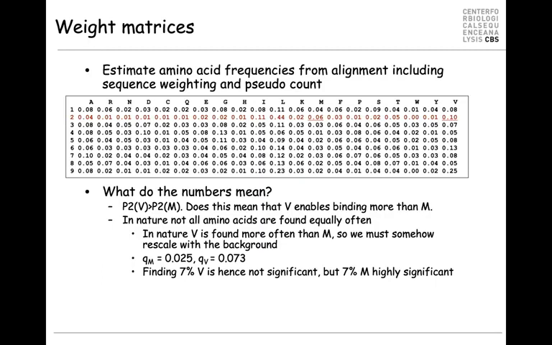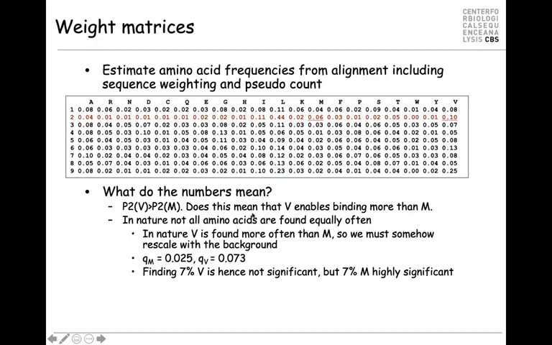And then the last thing we want to do before we are done is, now we have found these frequency values for all our 20 amino acids at each position in the peptide. How can we interpret that? What does it mean that here at P2, the value for M is 6% and the value for V is 10%? Does it mean that V is more important for binding compared to M? Maybe not, because we know that in nature, all amino acids are not found with equal frequency, right?